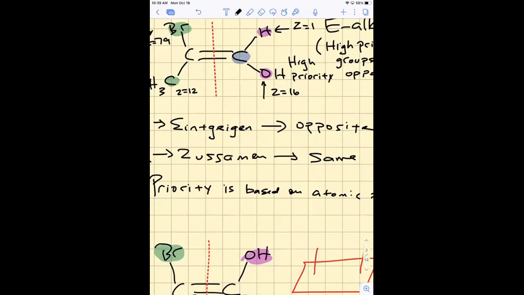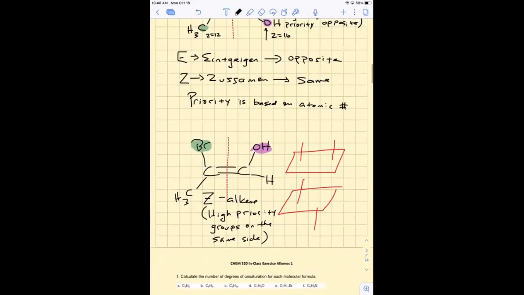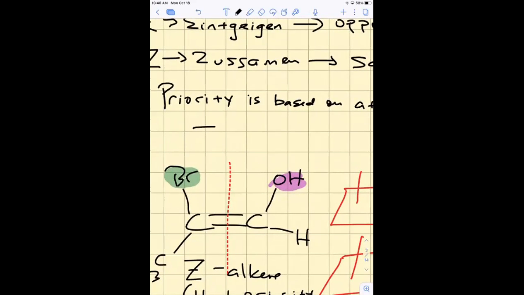And again, this is why nomenclature is my least favorite topic, because there's like a million different rules that you have to follow. All of these are what we call IUPAC rules, the International Union of Pure and Applied Chemistry. So all the nomenclature rules are based on IUPAC convention.